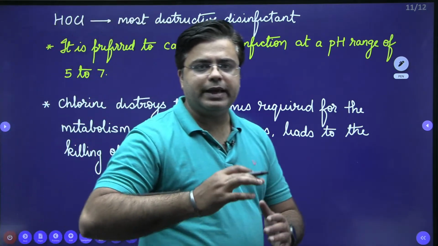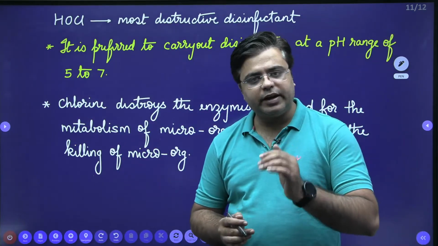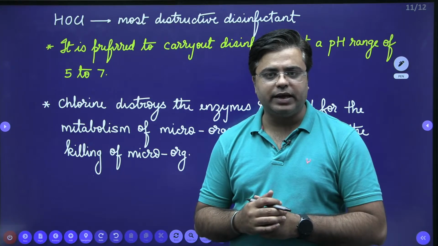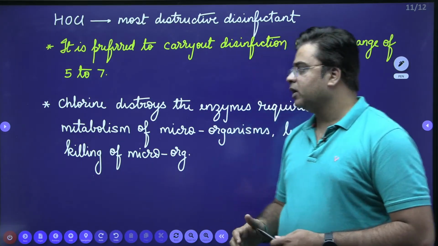So, how does chlorine carry out the disinfection? Chlorine destroys the enzymes which are required for the metabolism of microorganisms, hence leads to the killing of microorganisms, right?